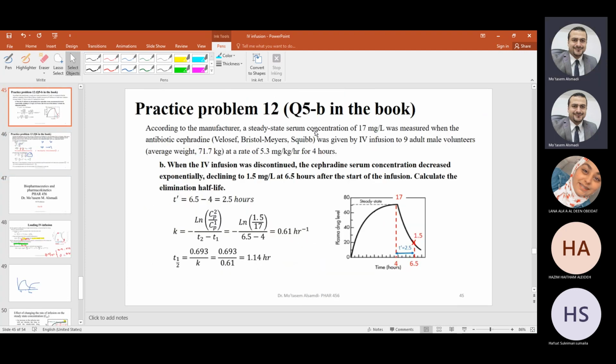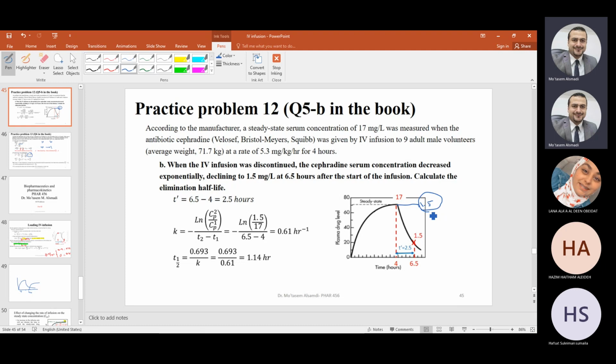هذا example. If you don't draw, someone else who did not draw may understand that we have given an IV infusion for 4 hours, and then we continued for another 2.5 hours. Then what's the concentration here? That's 1.5 hours. Okay, and you will use a different method to get the what? The K, or the half-life.